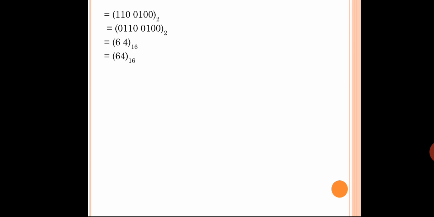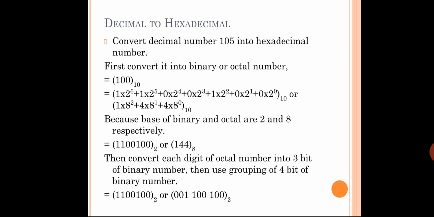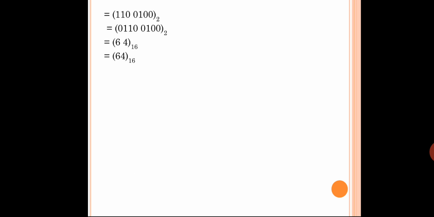It shows how to represent the decimal numbers 0 to 15 in binary, octal as well as hexadecimal. You will get the same value in the table. If you want, you can check. Ultimately they get the value 64. So they converted the decimal number 100 to hexadecimal. The hexadecimal value is 64 for decimal value 100.